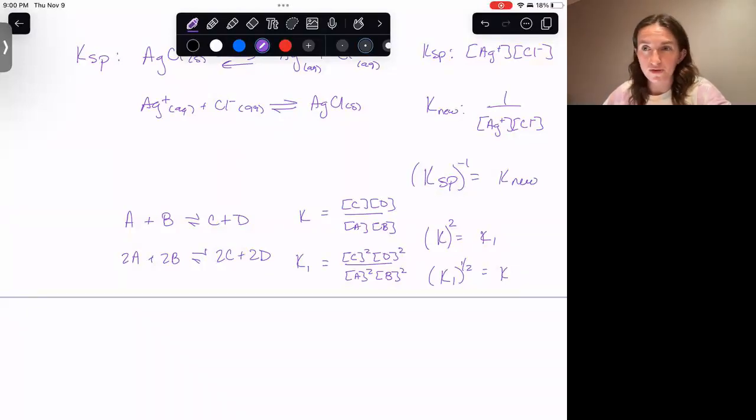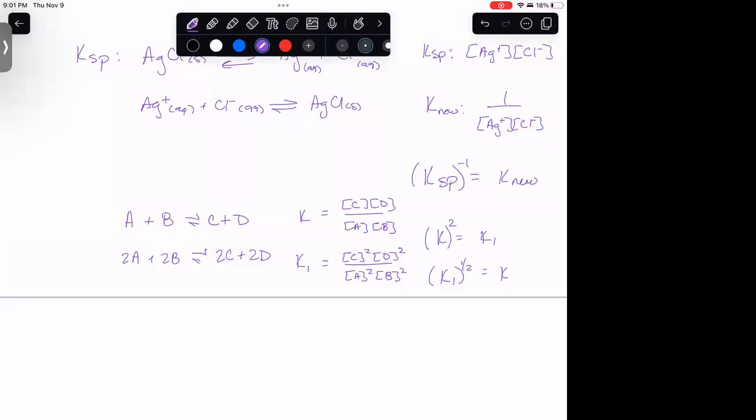I think that one's more conceptual, if he asks you a question about it, you would have to do the 1/2. Most often you're either just flipping it and have to take the -1, or you have to multiply it by 2 or 3 or something. So you're generally going to work with a negative exponent or a positive exponent, but not a fraction. All right, thank you. Yep.